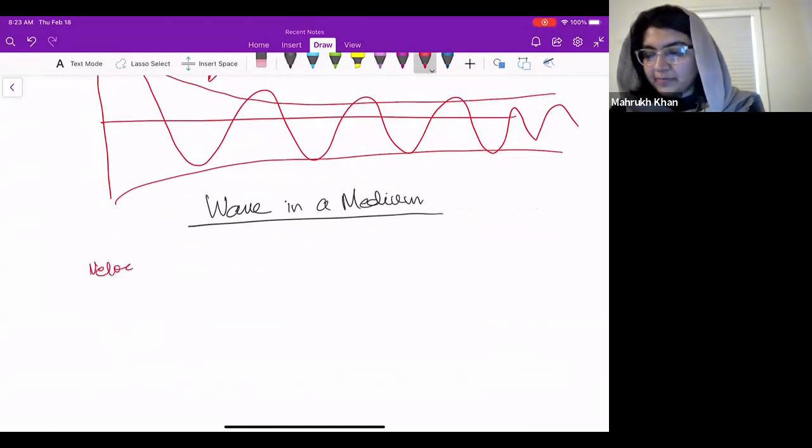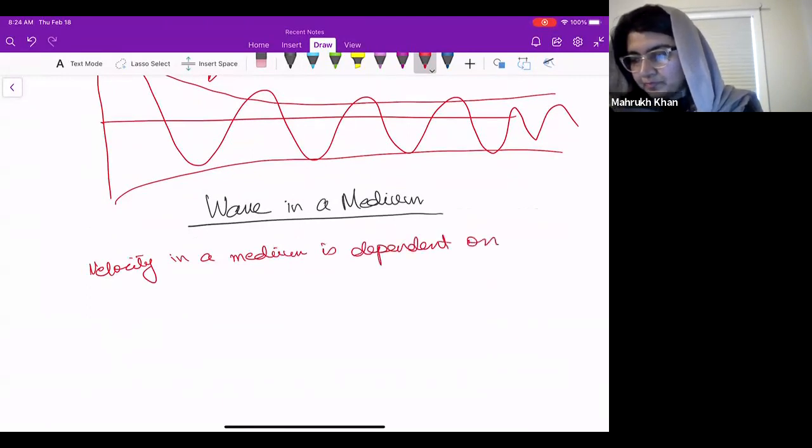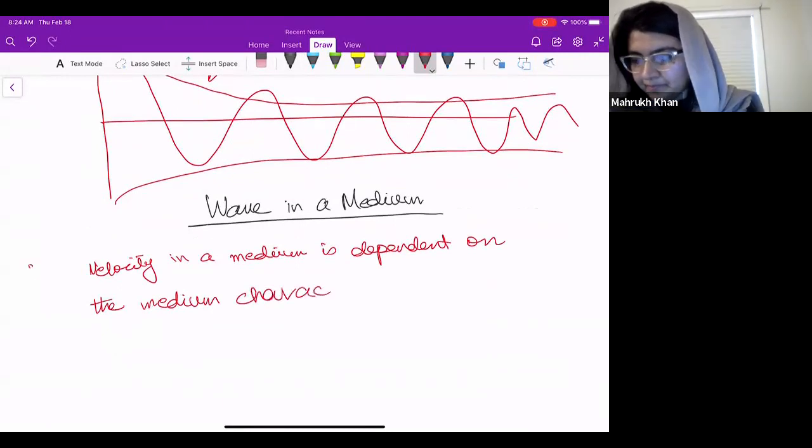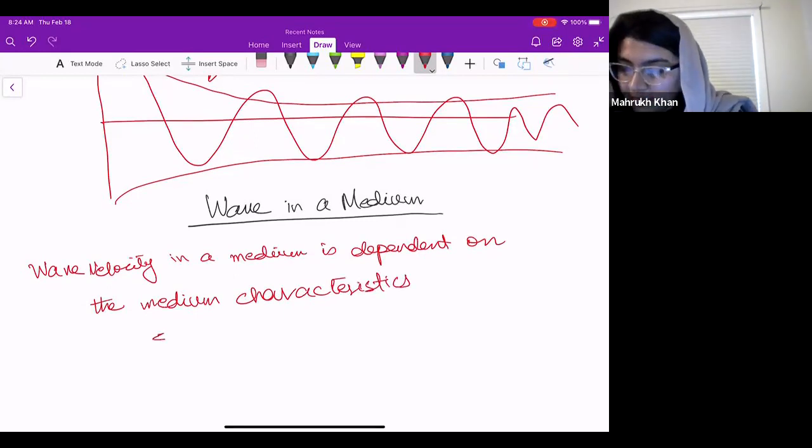Velocity in a medium is dependent on the medium's characteristics, which can be defined in terms of its permittivity and permeability.